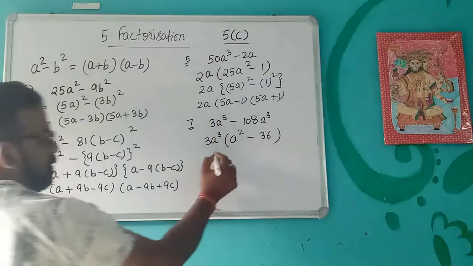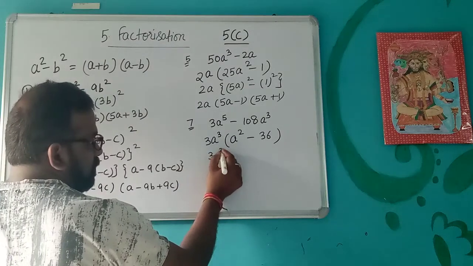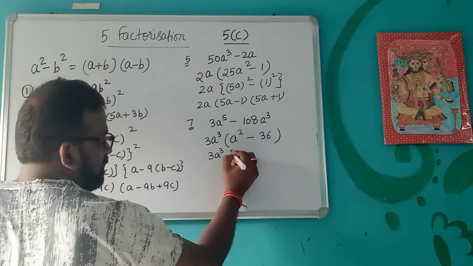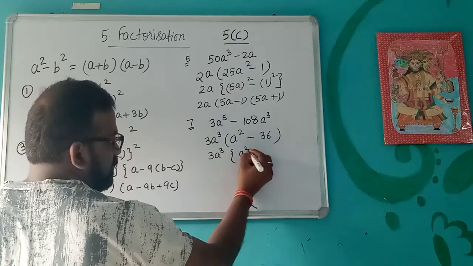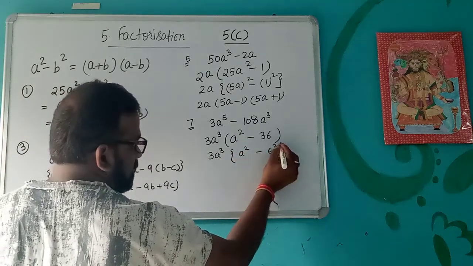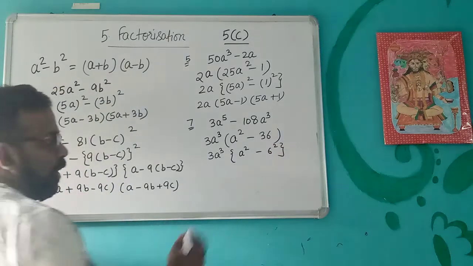Now it can be further factorized. a square minus 6 square. So how can I write it?